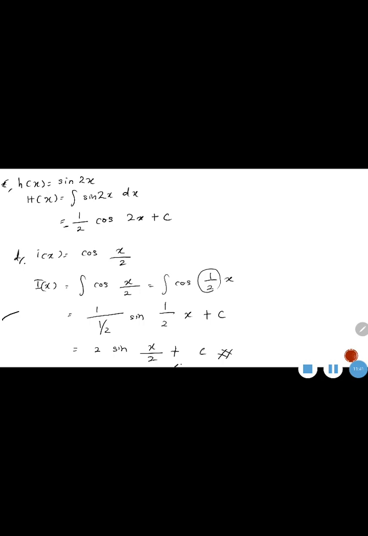Okay, so now we're going to solve question E. f(x) equal to 3x squared that satisfies f(1) equal to minus 1. Usually we see x here, right?